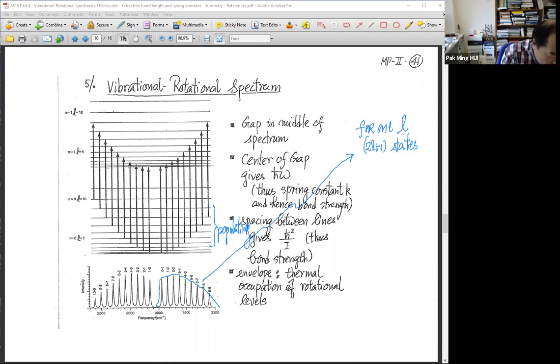So therefore, if you know thermal statistical physics, for one state of an L, you would expect the population to be something like e to the minus energy, which is L times L plus 1 h bar squared over 2I, divided by kT.